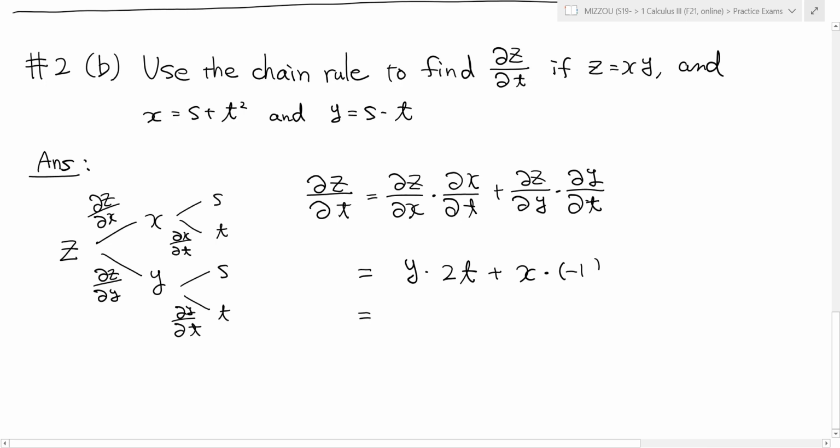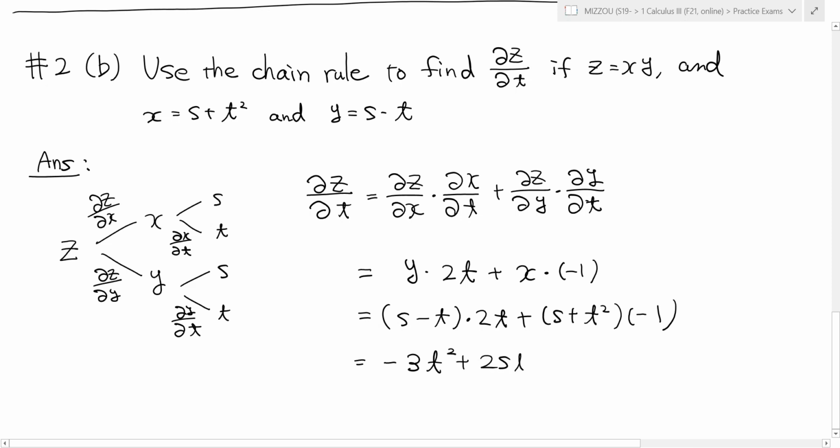So y is s minus t, times 2t, plus x is s plus t squared, times negative 1. If you expand it and simplify everything, you are supposed to get negative 3t squared plus 2st minus s. So that's the answer.